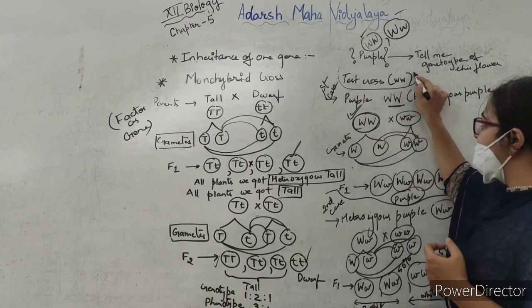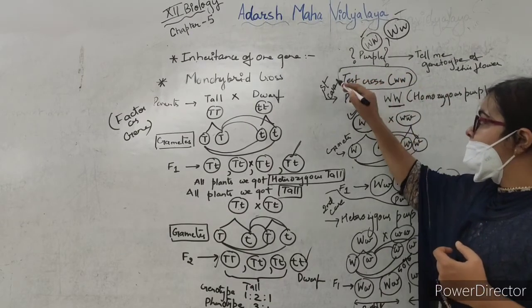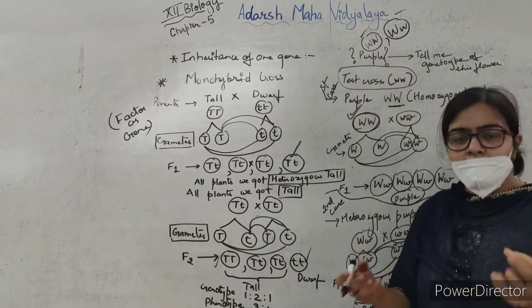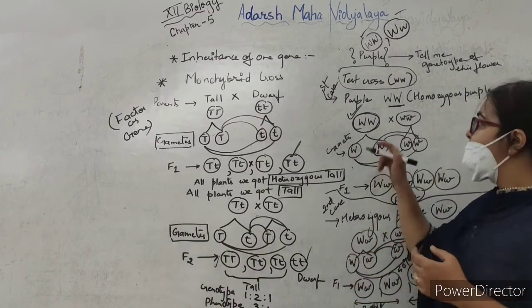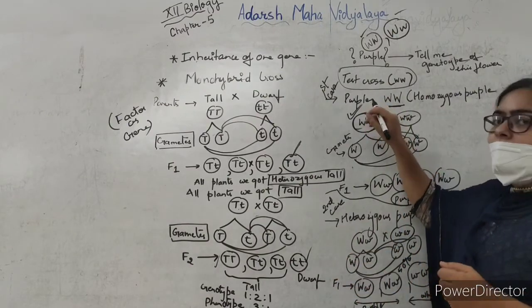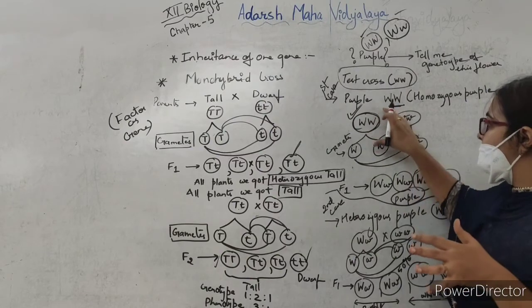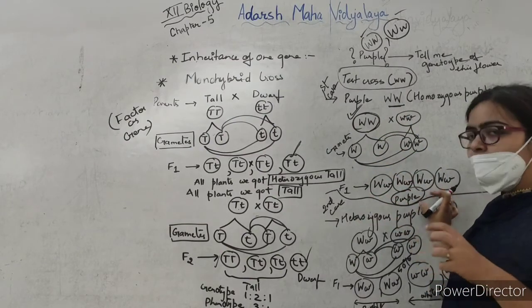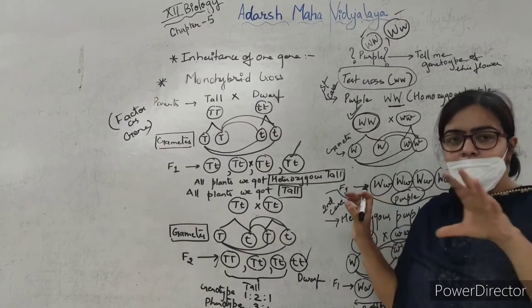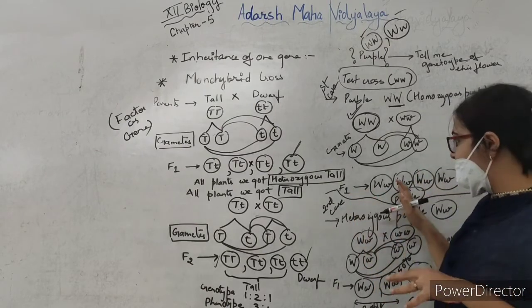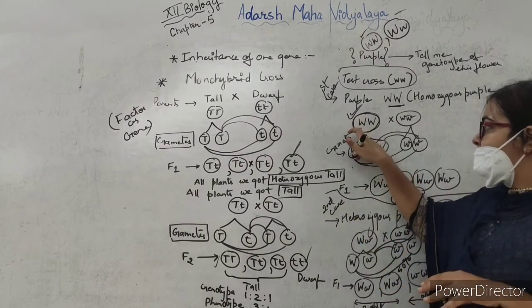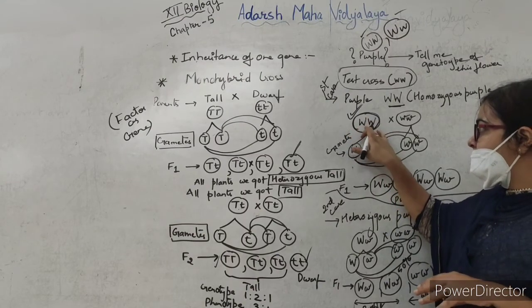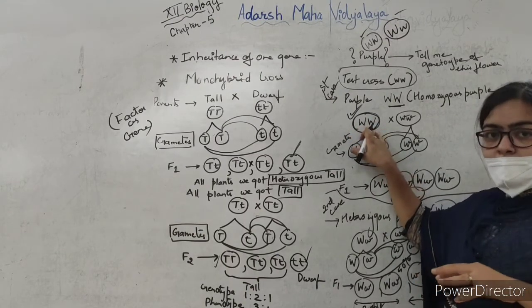So a test cross is a cross in which we cross a particular individual with a recessive parent. Here, when I did the monohybrid cross, if I found that all the plants in the F1 generation had purple flowers, I can say that the unknown flower's genotype was homozygous purple.